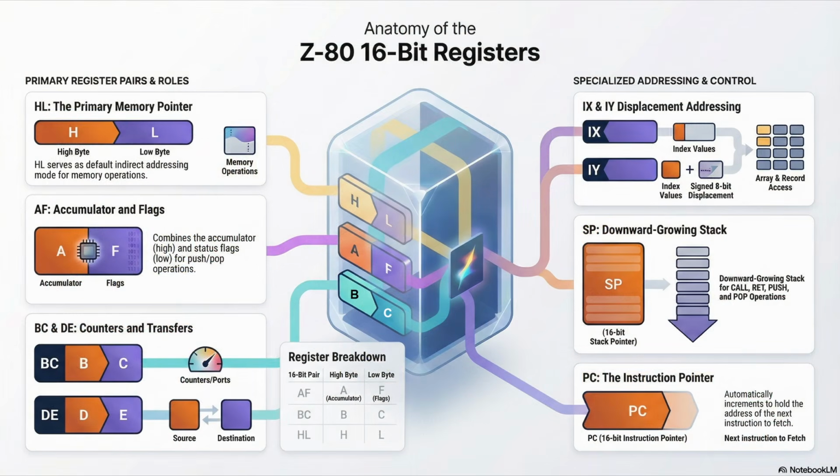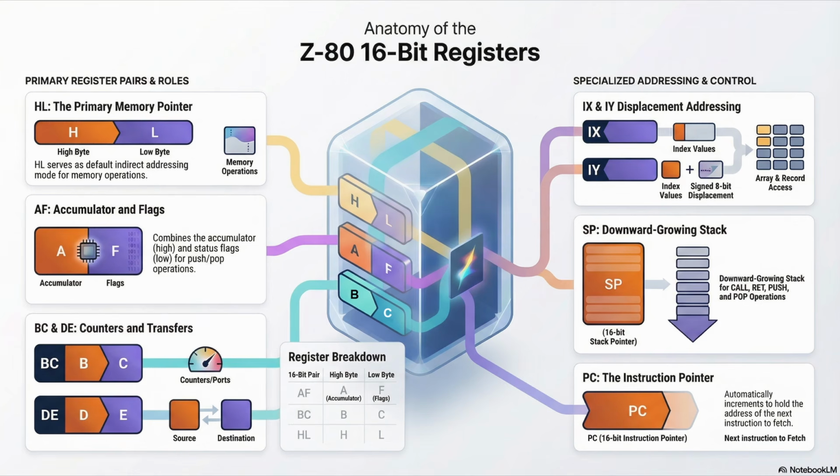Using register pairs. The Z80 processor treats certain adjacent 8-bit registers as a single 16-bit entity. This design simplifies address arithmetic, stack operations, and data movement.